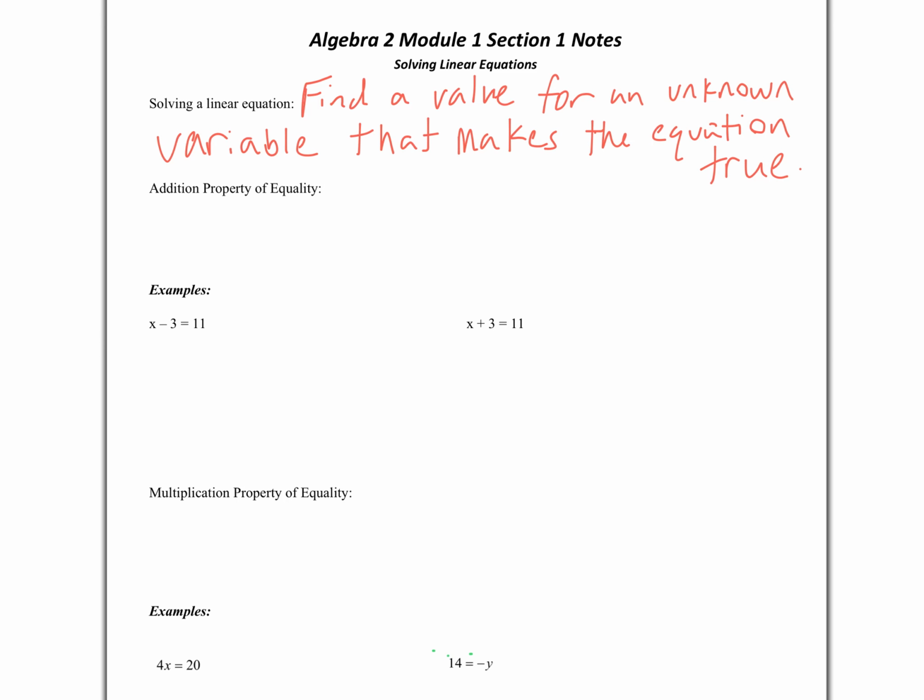And a property we can use to solve these linear equations is called the addition property of equality. It's something you've probably used hundreds of times already.